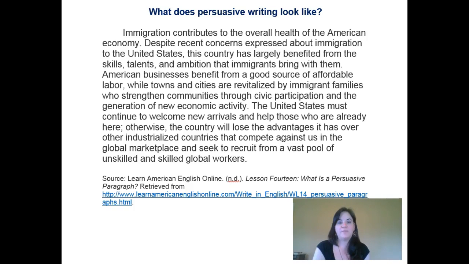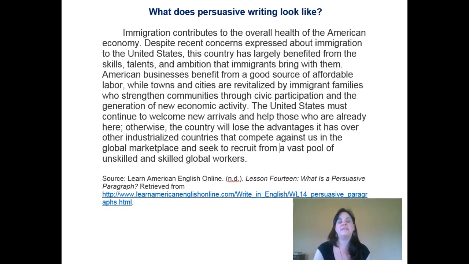American businesses benefit from a good source of affordable labor, while towns and cities are revitalized by immigrant families who strengthen communities through civic participation and the generation of new economic activity. The United States must continue to welcome new arrivals and help those who are already here. Otherwise, the country will lose the advantages it has over other industrialized countries that compete against us in the global marketplace and seek to recruit from a vast pool of unskilled and skilled global workers.